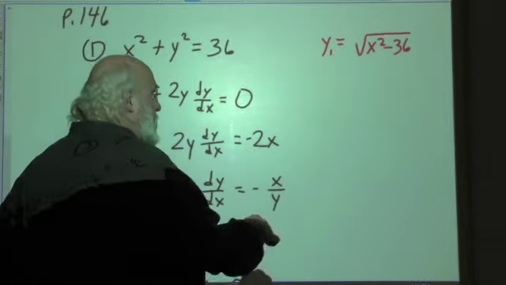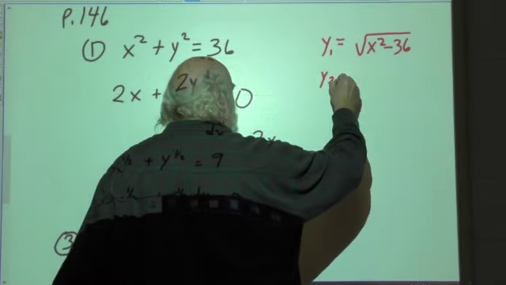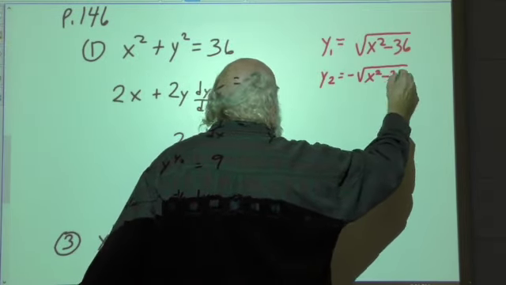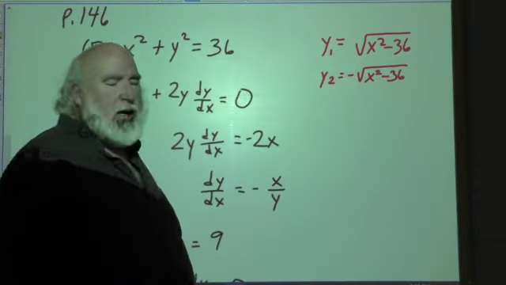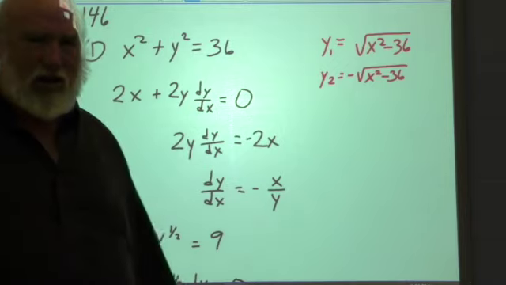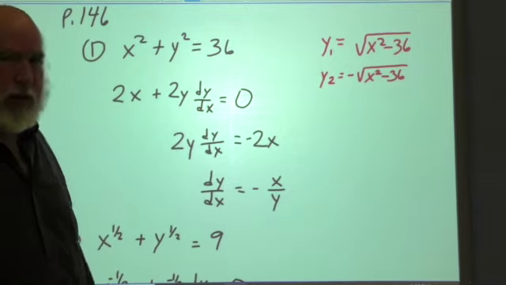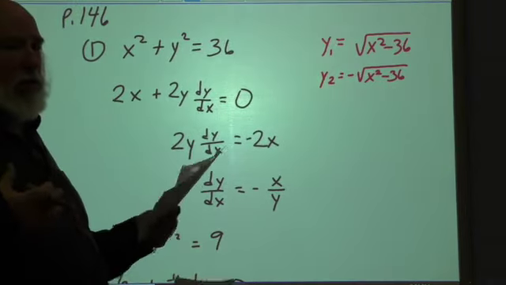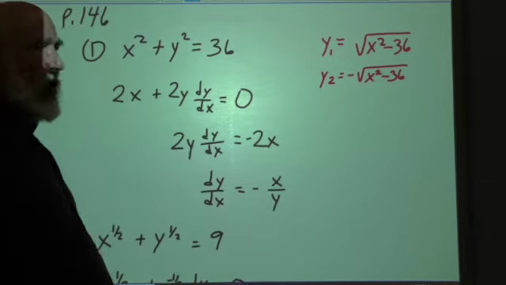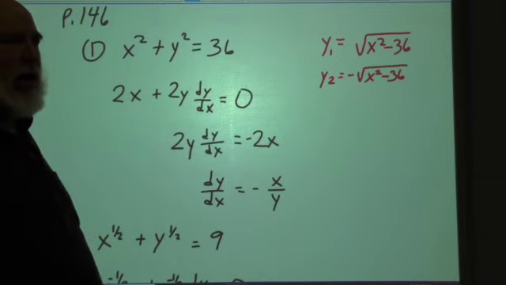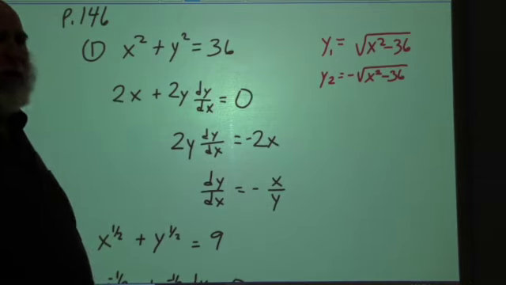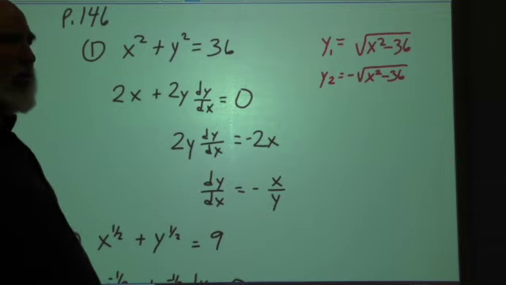So you should have for your y2 the negative square root of 36 minus x squared. You graph that in your calculator and you get some kind of ellipse. It shouldn't be, but it is because of the way that the points are scattered, and therefore it is not something you're going to want to rely on as far as defining a shape.